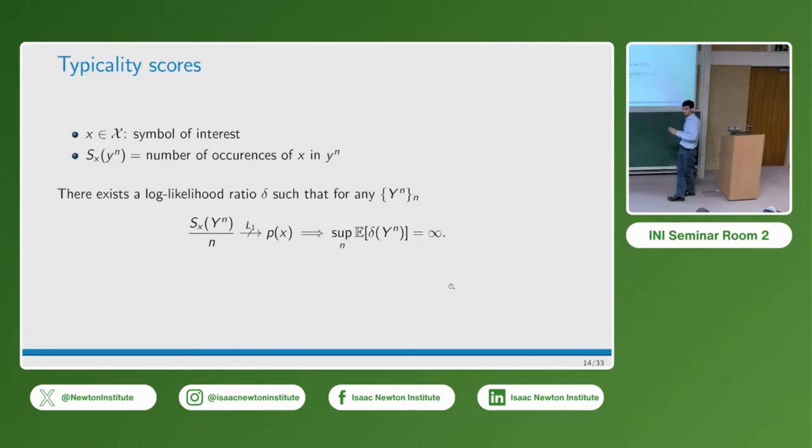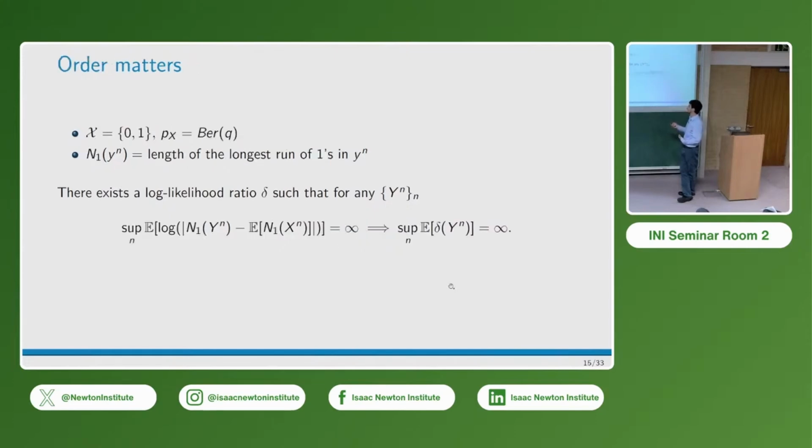So we can test for the frequency of a symbol, or even a pattern. You take a pattern of any length, check the number of occurrences and the frequency, and compare it to the target frequency. What you can also do is something a bit more interesting, where you care about the order of symbols in the sequence.